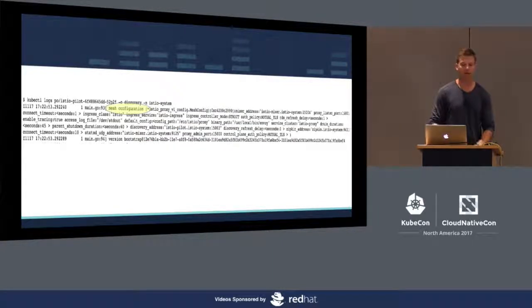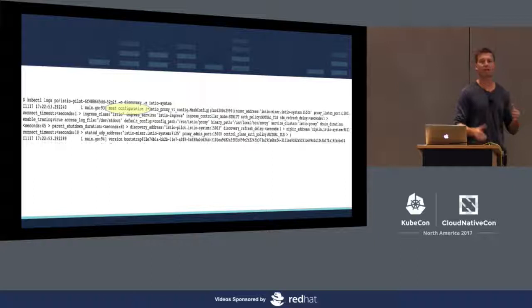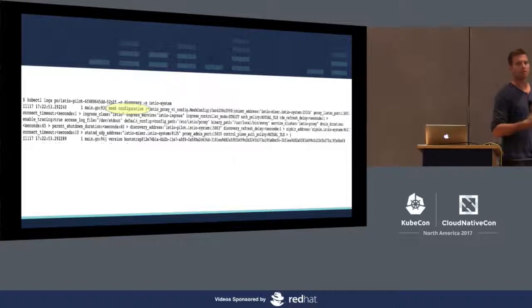So you see here the logs of Pilot when it starts up. I mentioned that mesh-wide configuration that the initializer uses. Well, that config map is not only used for the initializer, it's also used for each of the control plane components.